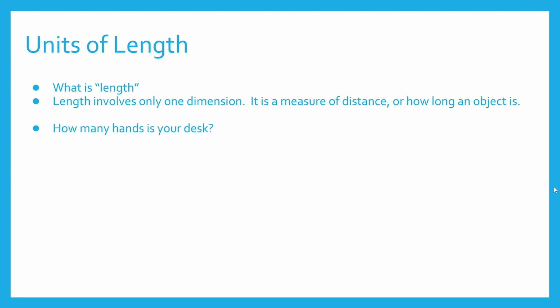Okay, and length can be a whole bunch of different things, right? So it can be how long your desk is, how many hands your desk was, and we did that in class. And then you also did how many footsteps your friend is. So you had your friend lie down on the ground and you walked across to see how many footsteps was the length or the height of your friend.